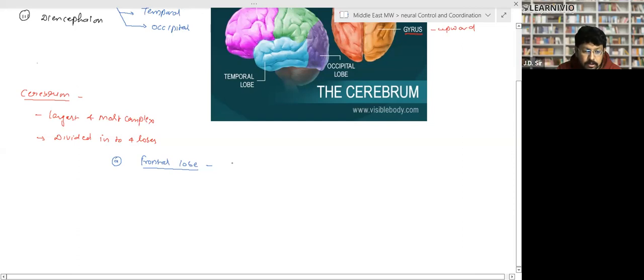So major functions are: creative ideas, translation of creative ideas. Next point, reality testing and judgment.